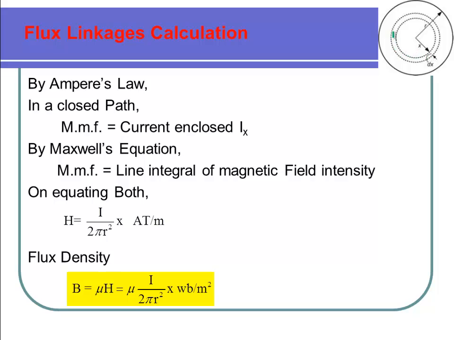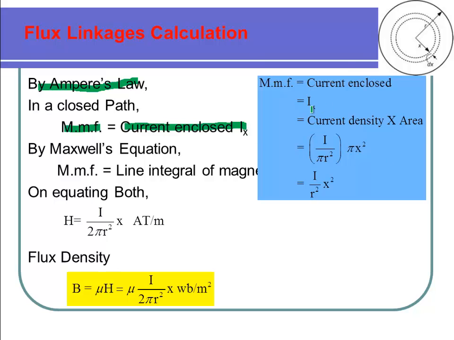For this circular path, we assume the current is flowing in the conductor, and we will work out its magnetic flux linkage. For this we have to think about Ampere's law as well as Maxwell's equation. Ampere's law says that in any closed path, the magnetomotive force MMF is equal to the current enclosed by the circular path.